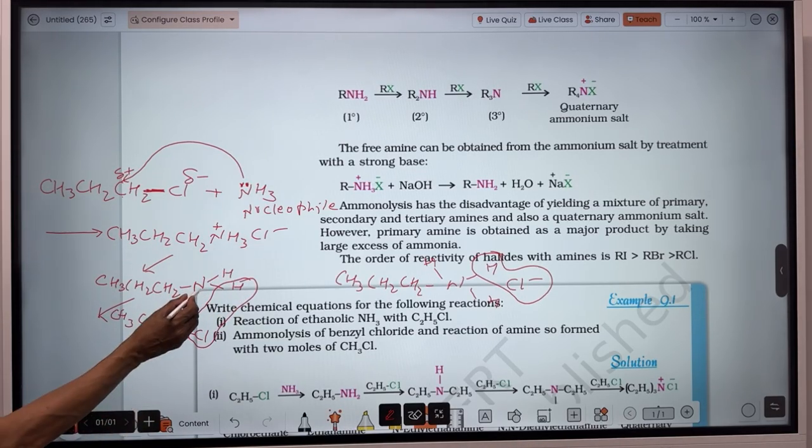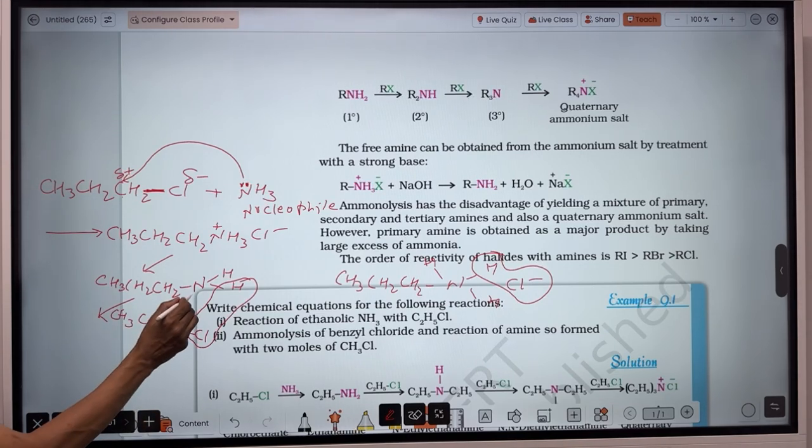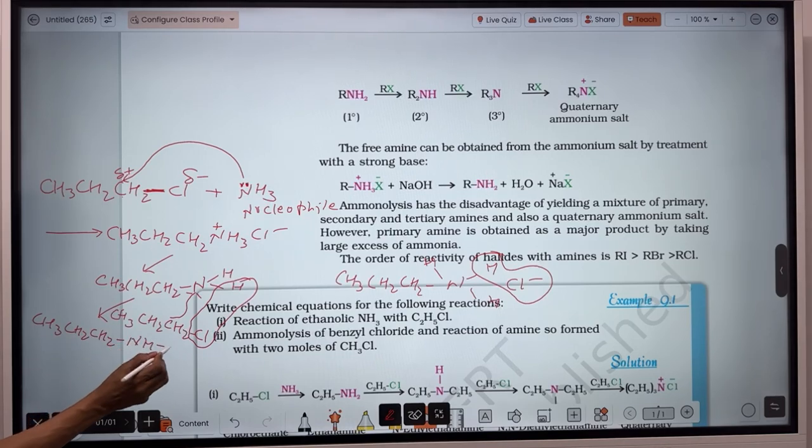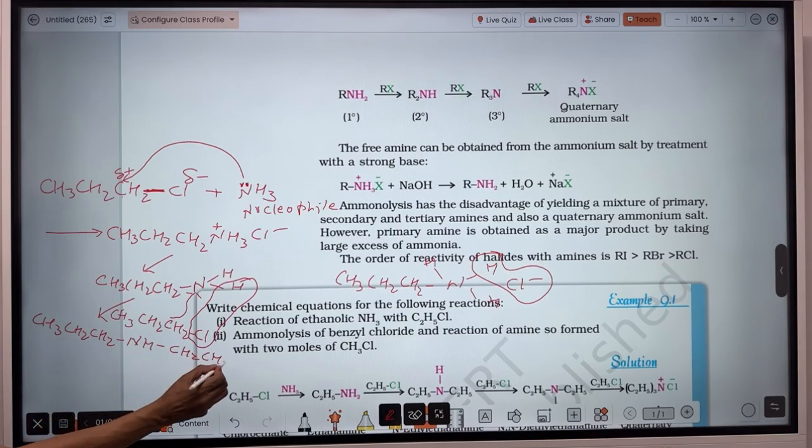So the valency of nitrogen will become destabilized and the valency of carbon also becomes destabilized. So this carbon will get bonded to this nitrogen. So the compound becomes, so secondary amine will form in this case.